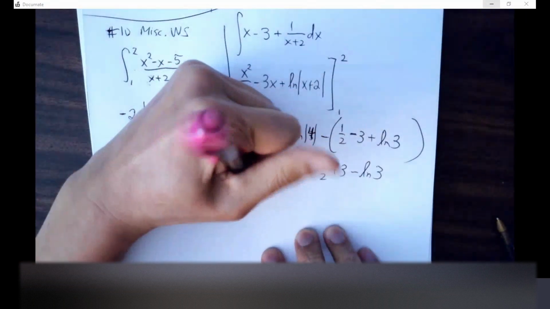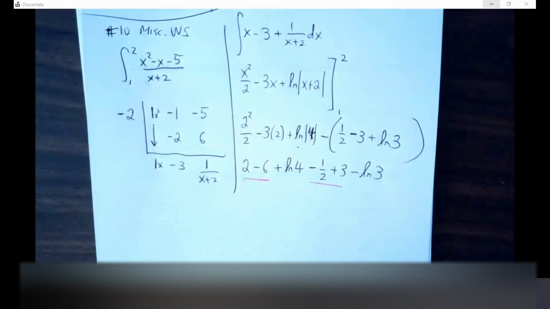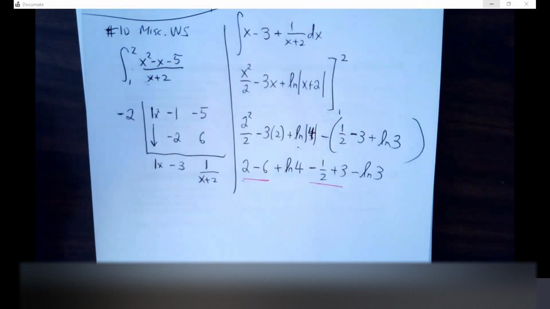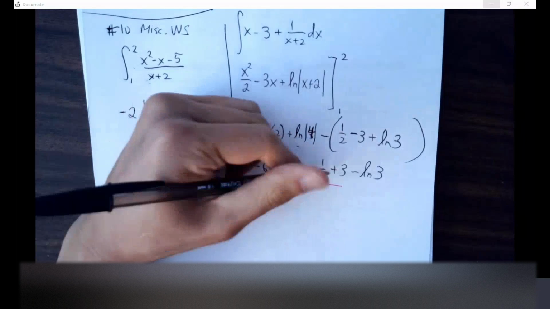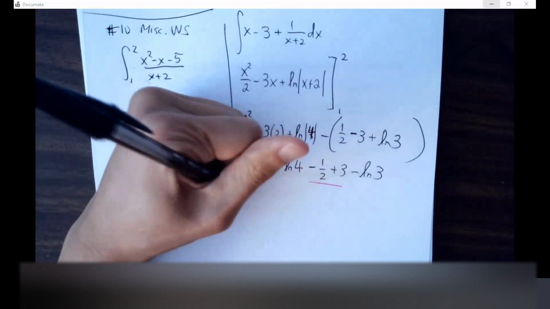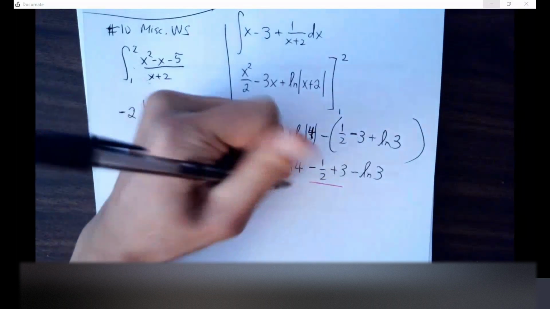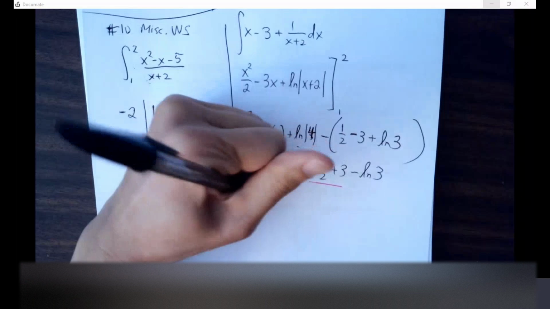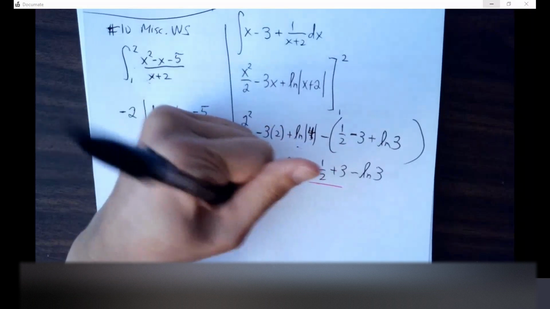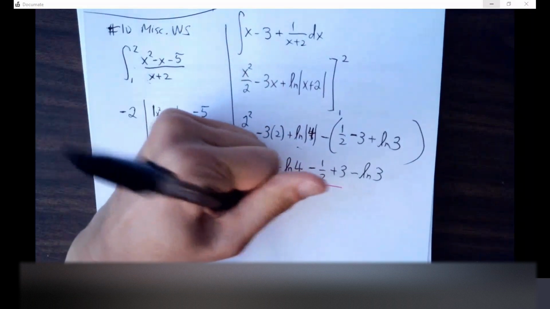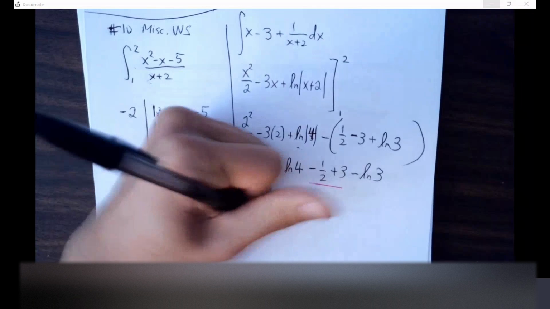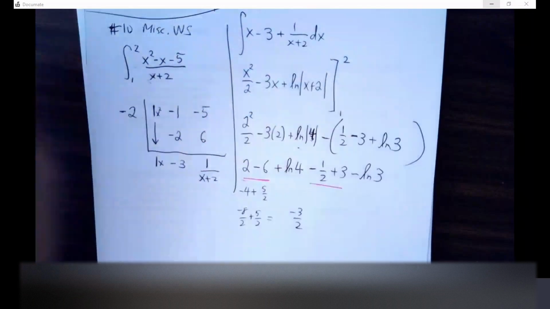Combine these like terms. 2 minus 6 is -4. -4 plus 2.5 is -3/2.